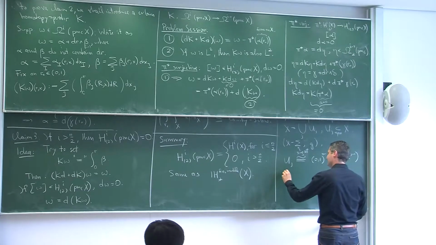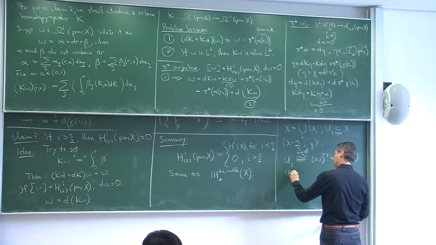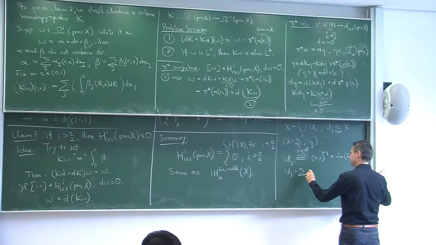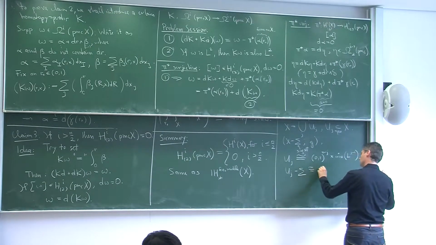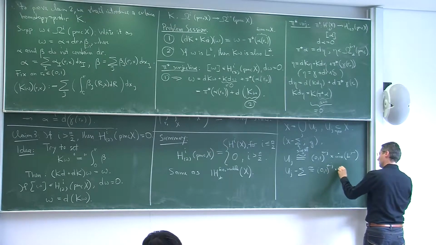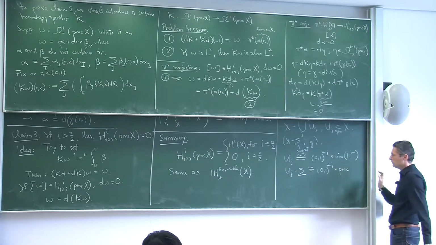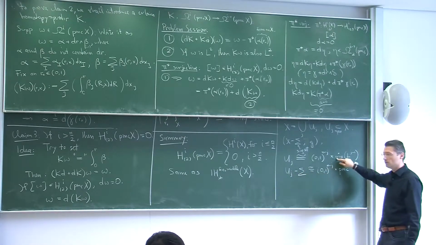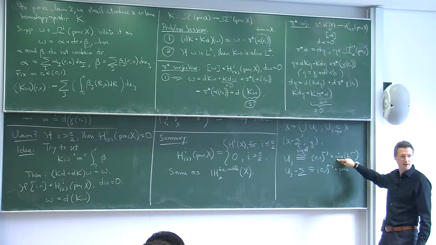So in other words, if you remove the sigma, it should look like the punctured metric cone, because then removing sigma from Uj means you remove the cone point in this factor, right?